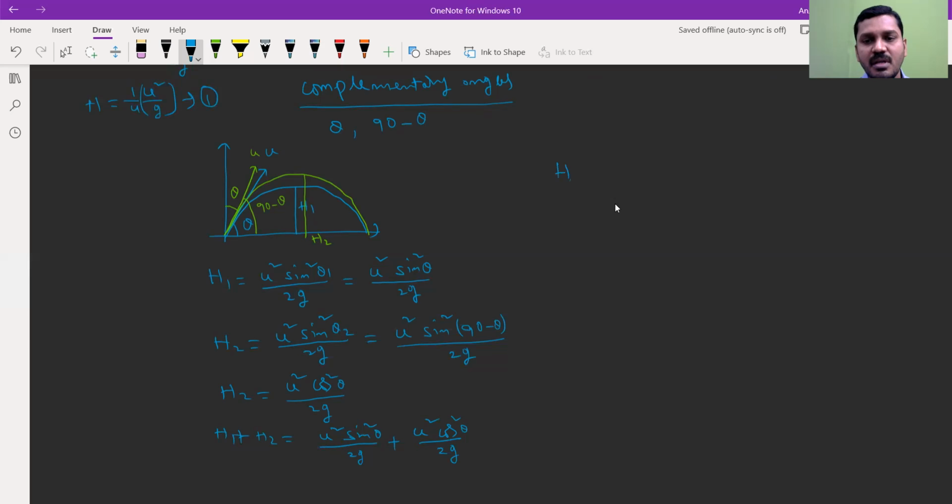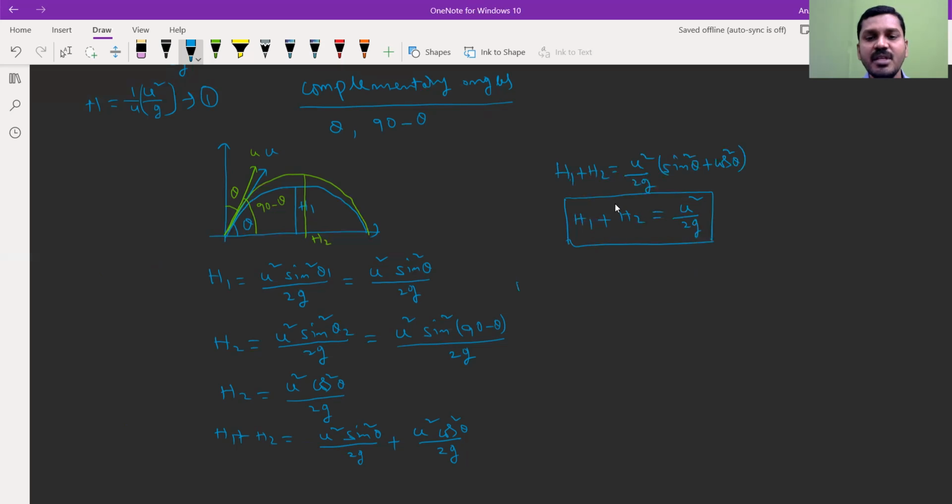So therefore, h1 plus h2 is equal to u square by 2g, taking common, sine square theta plus cos square theta. But we know sine square theta plus cos square theta is equal to 1. So what is the final equation now? h1 plus h2 is equal to u square divided by 2g. This is the relation between maximum height of two bodies when the two bodies are projecting with complementary angles.